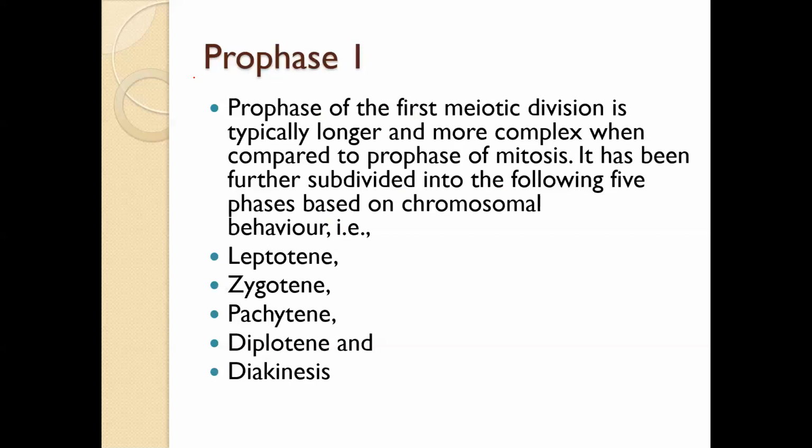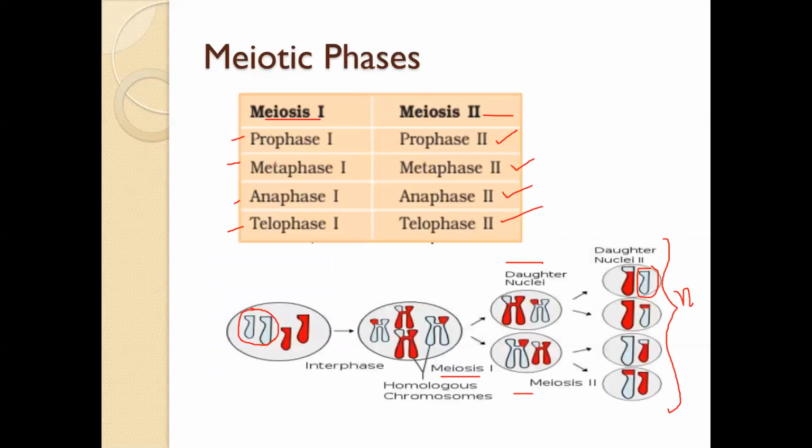So now we will start from the prophase 1 phase, because this is the most important phase of this meiotic cell division process. The rest of the phases are similar to mitotic cell division.